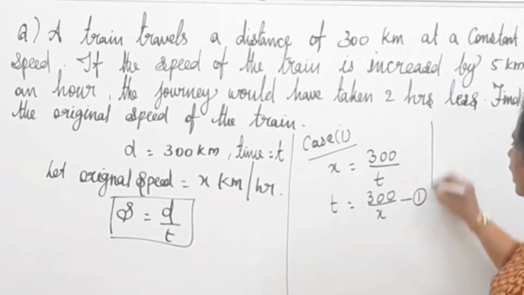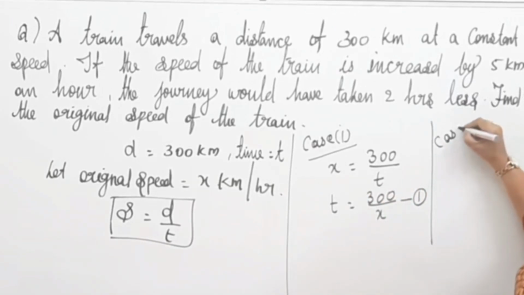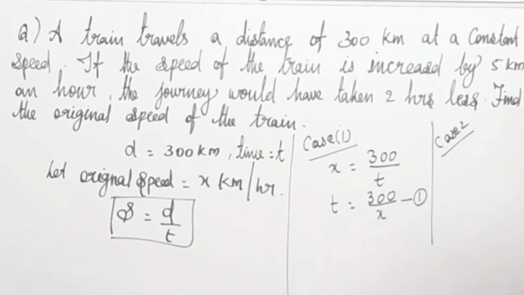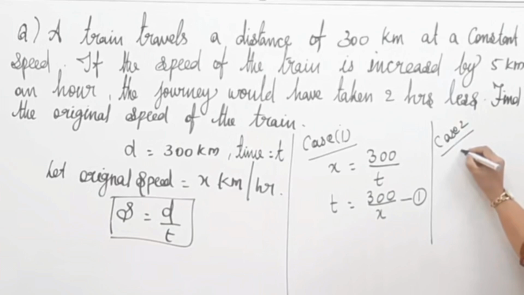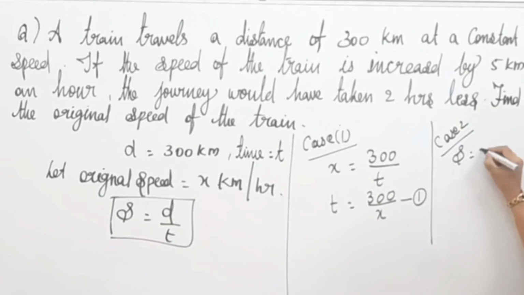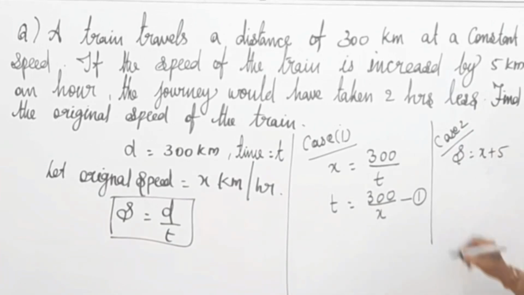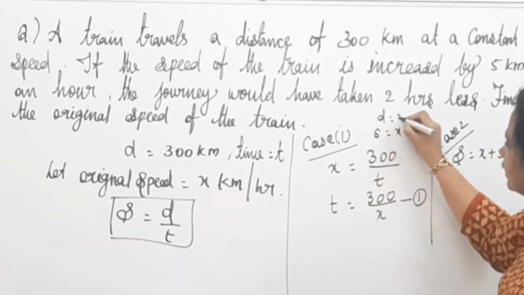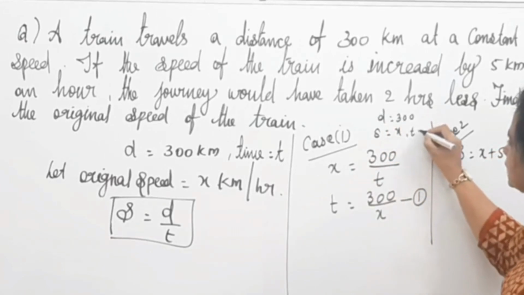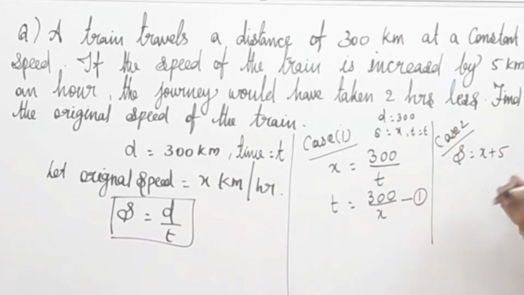Now I go for my case 2. The case 2 says if the speed of the train increased to 5 km, that means the speed becomes x plus 5. Here the speed is x only and distance is 300 only and time is t only. But here everything changes.